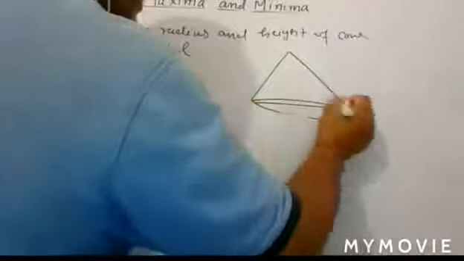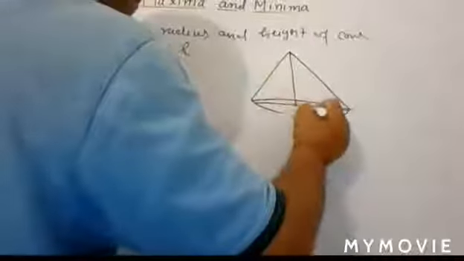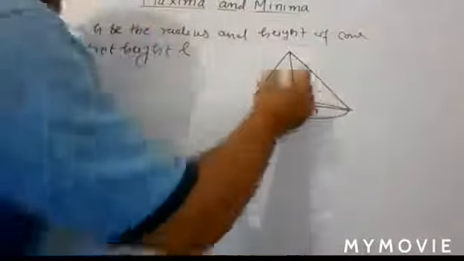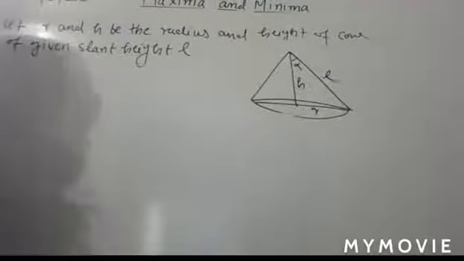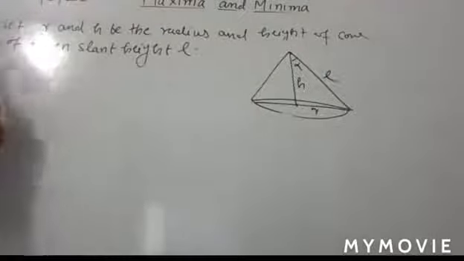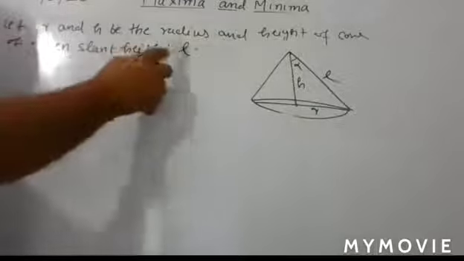In the same way, assume let R and H be the radius and height of the cone, and suppose L is the slant height of this cone, and R and H are the radius and height of the cone of given surface area.